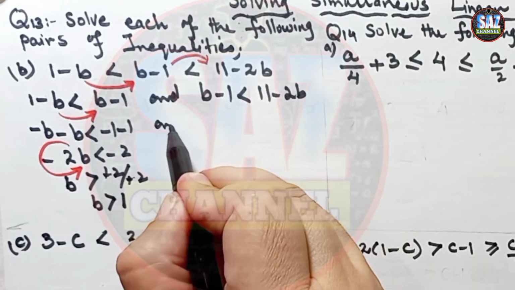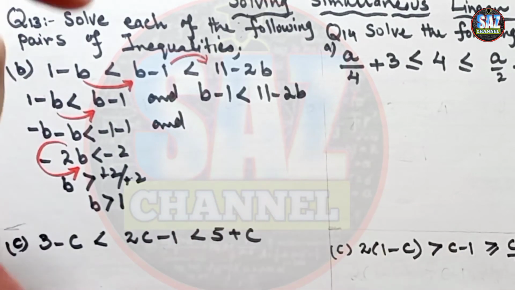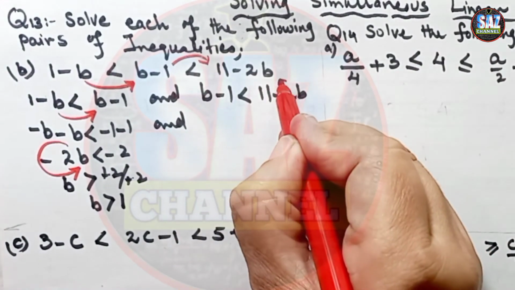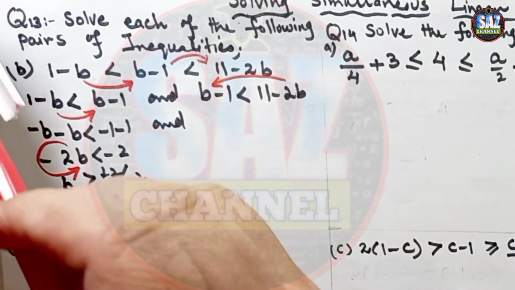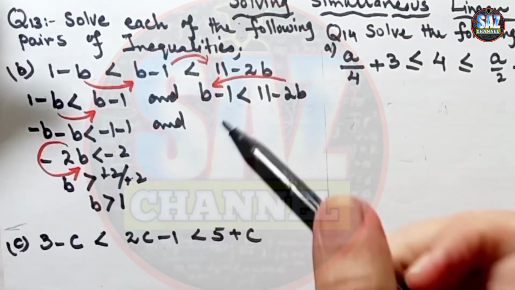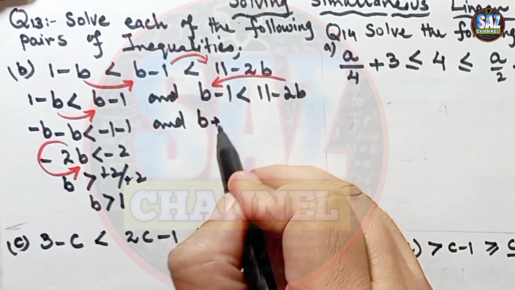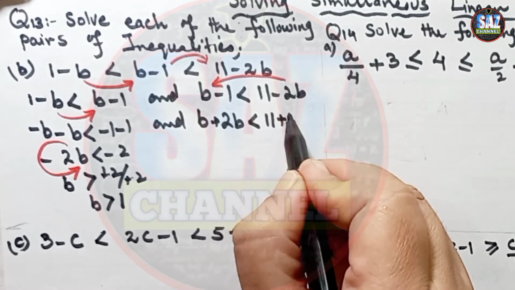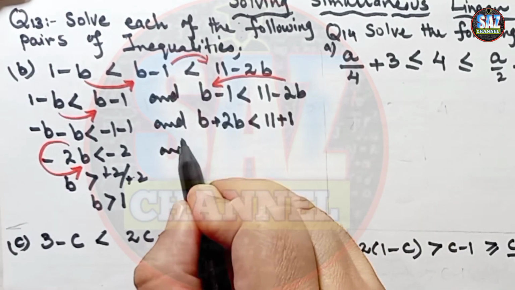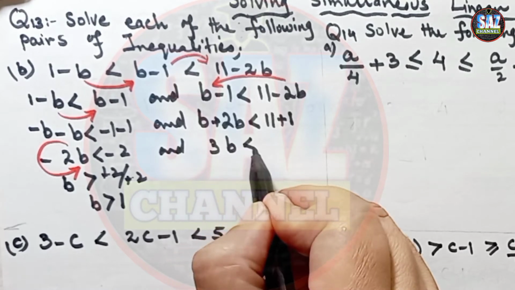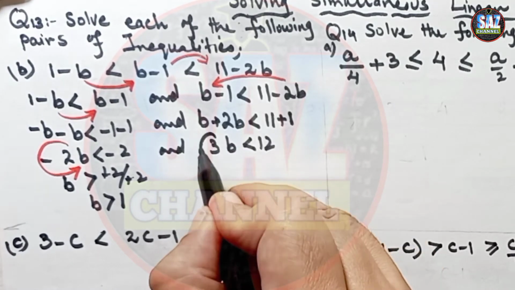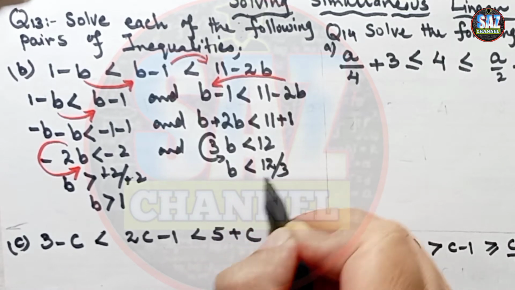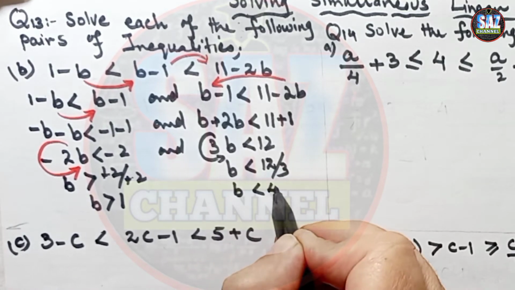Coming to the second part, again shift b to the other side, because we need to find the value of this letter. So b plus 2b is less than 11 plus 1, and 3b is less than 12, or b is less than 12 divided by 3, b is less than 4.